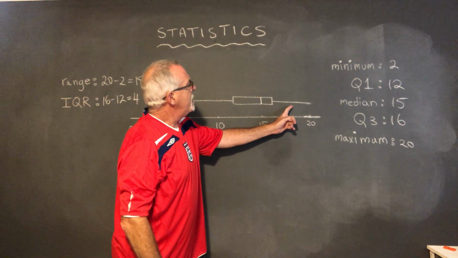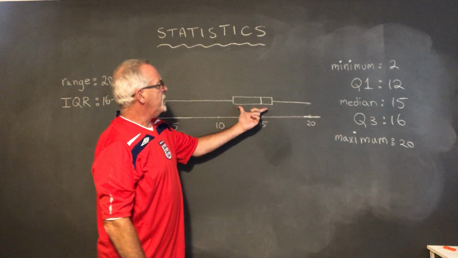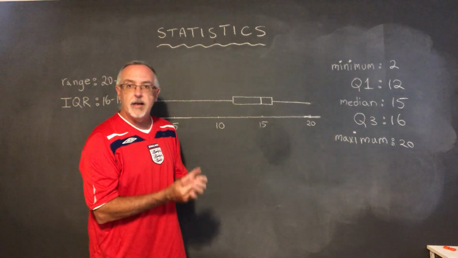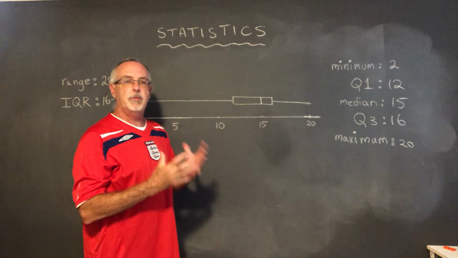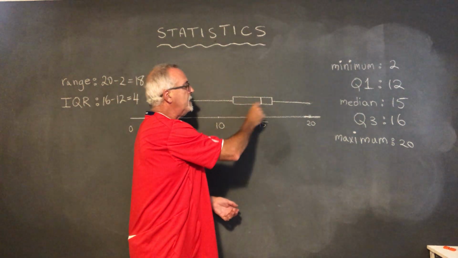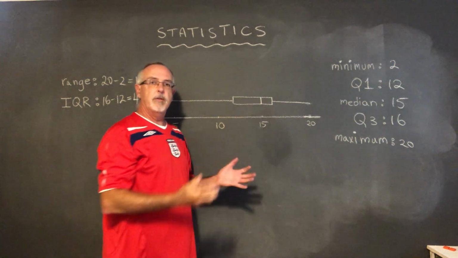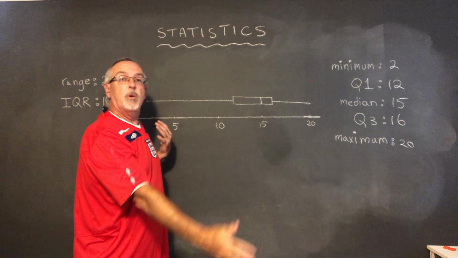The interquartile range being so much smaller tells us that the middle half of the data, that's what's in these boxes, the middle 50% of the data, actually doesn't vary very much at all. It doesn't stretch too far away from the median. But the overall set of data does vary quite a lot.